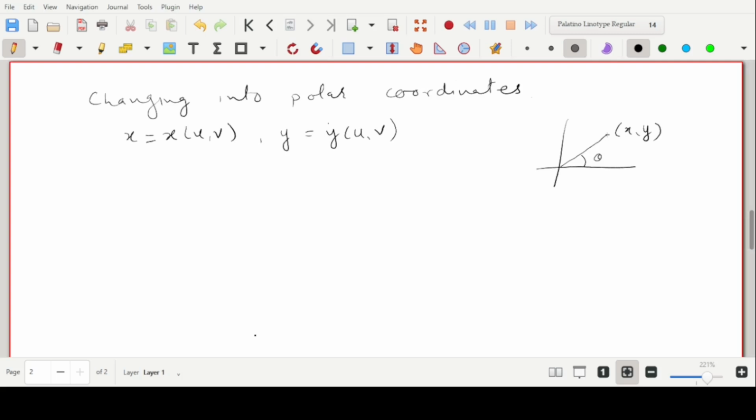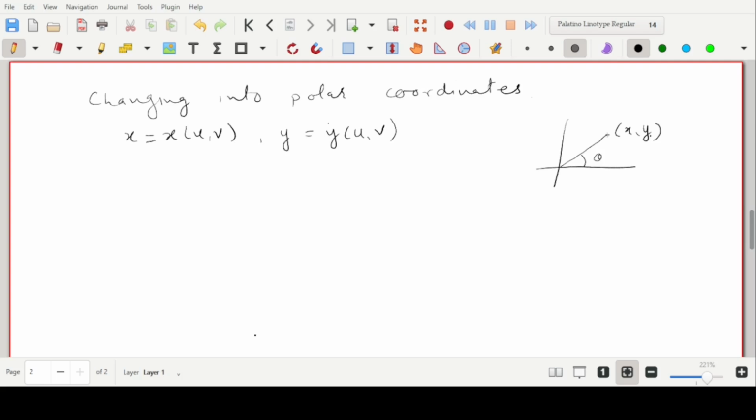So these two are again real numbers. For every xy we can express this point by a unique pair r comma theta, as long as we restrict the value of theta between 0 and 2 pi.